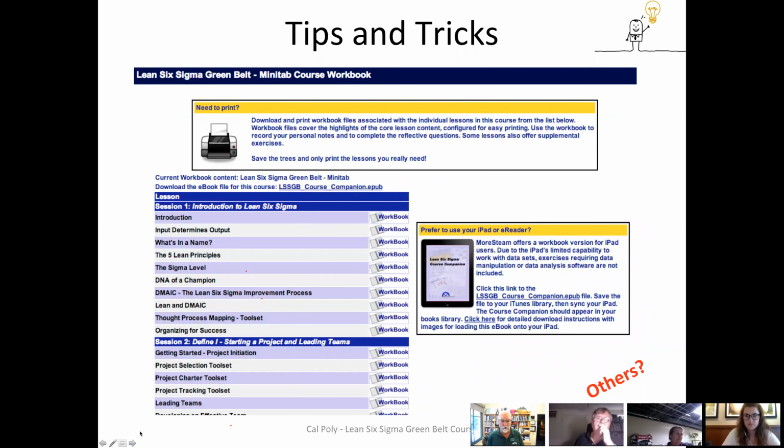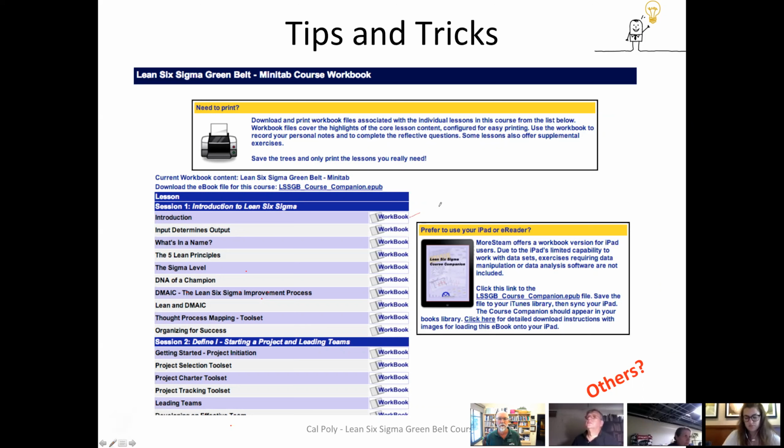Just tips and tricks. I wanted to highlight another tool you have available on that left-hand side panel on MoreSteam. If you click over there, there's a workbook that you can open up. If you're one of those people that handwrites their notes as they go through the training sessions, you can download little PDFs for each one of these sessions and for each group of slides.